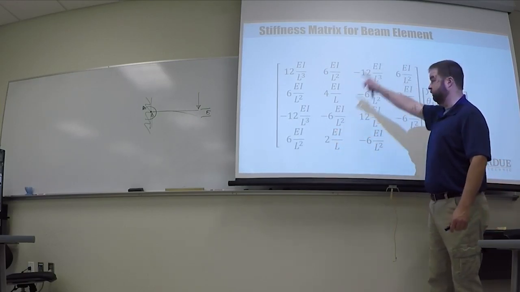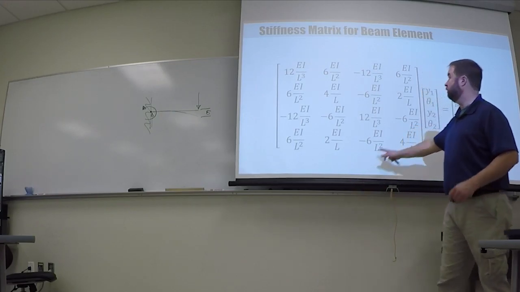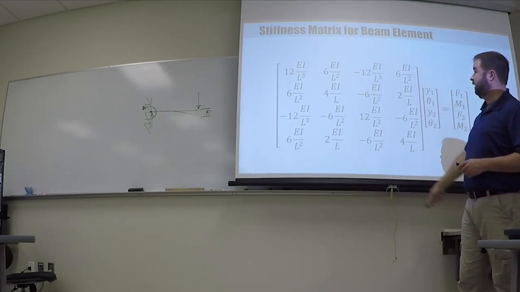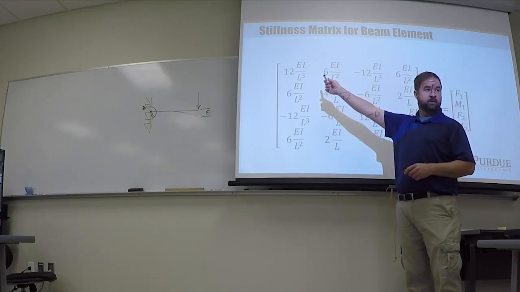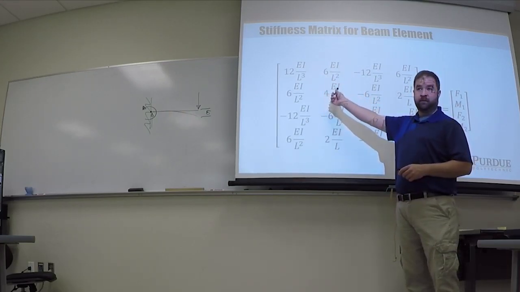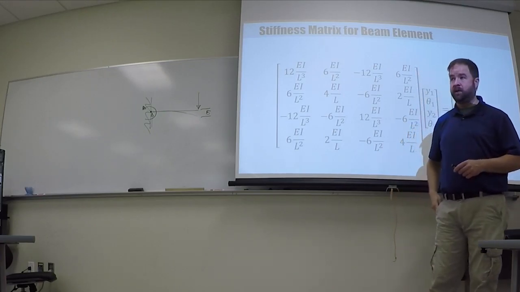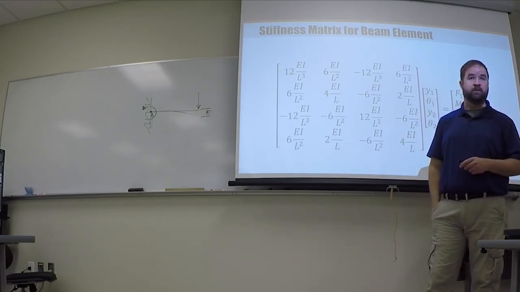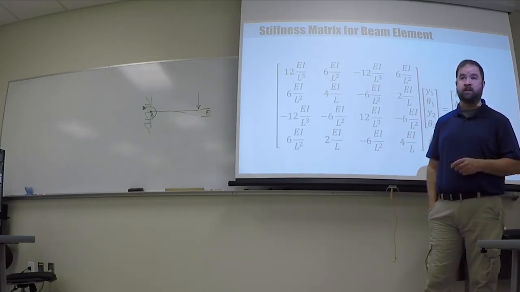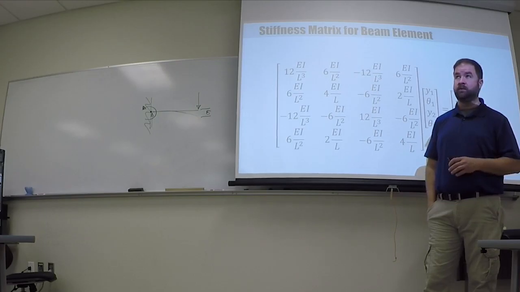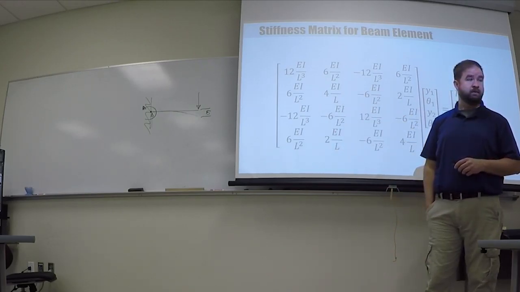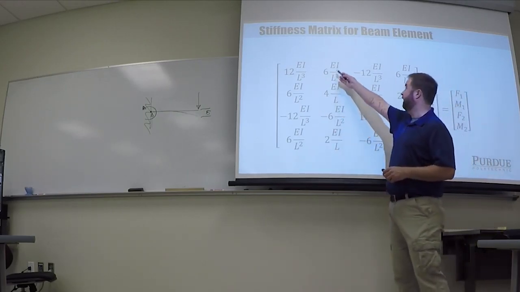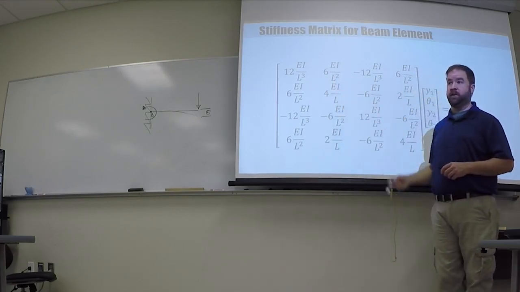If you look at this, the EI over L squared, the EI over L cubed, it looks a whole lot like the formula that we were using in strength of materials for deflection of a beam. I think it's PL cubed over 3EI for a cantilever beam with a force on the end. So you see the EIs and the L's just like that equation has.